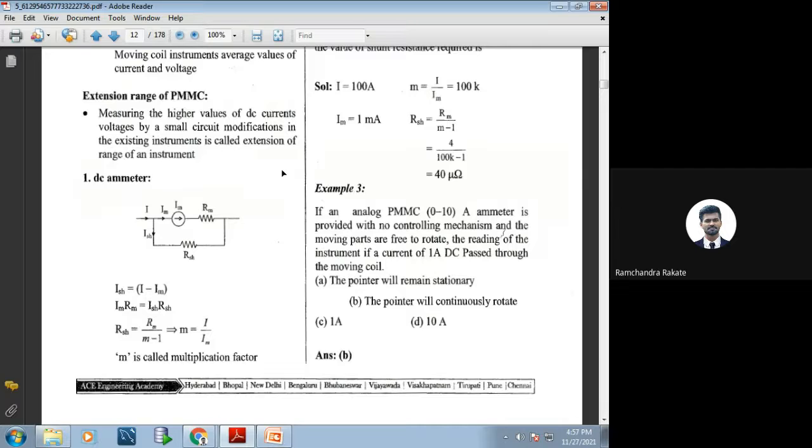Let's see in which way we can extend the range, and we'll solve some numericals. This is always asked in your exam or GATE exam, for 1 or 2 marks, regarding range extension.